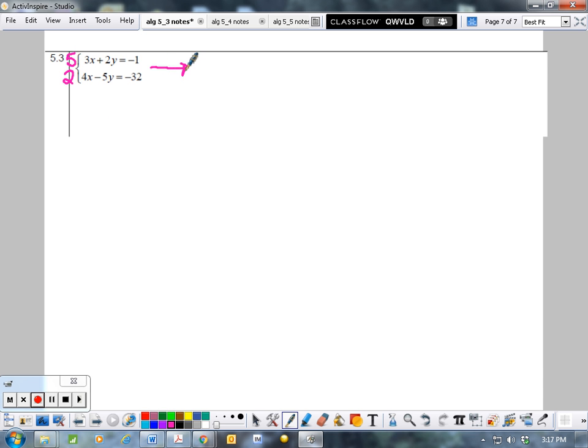So this is now going to turn into 5 times 3x is 15x. 5 times 2y is 10y. And that's equal to 5 times negative 1, which is negative 5. And then on the bottom, we're going to multiply by 2. So 2 times 4x gives me 8x. 2 times negative 5y gives me negative 10y.